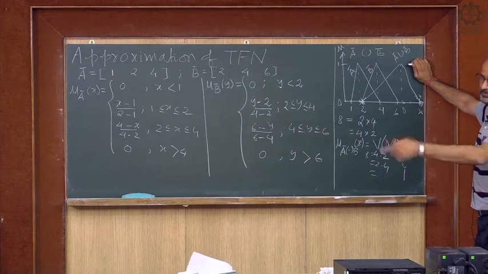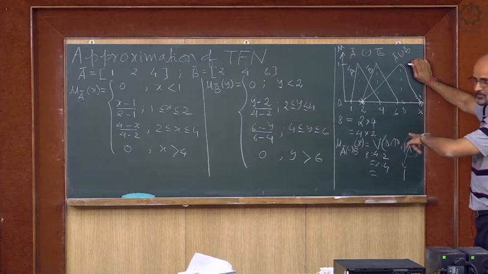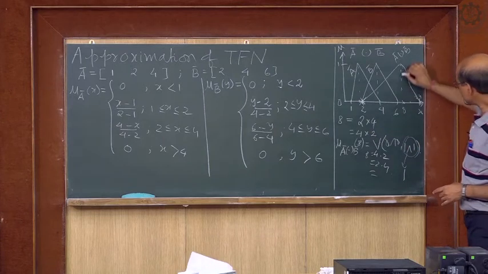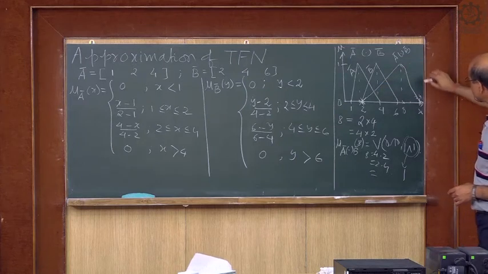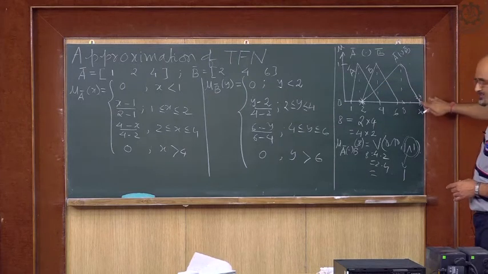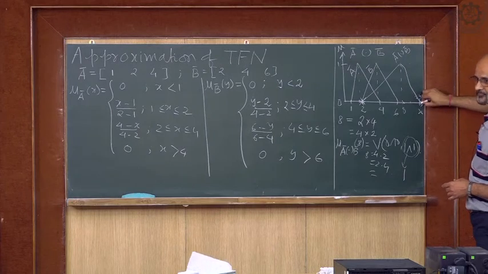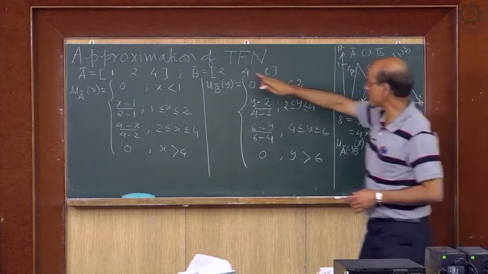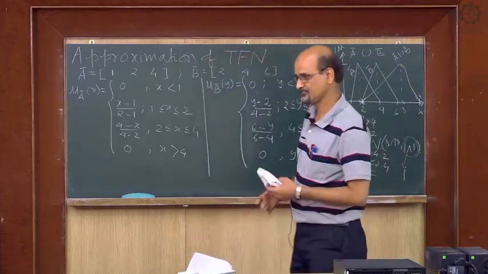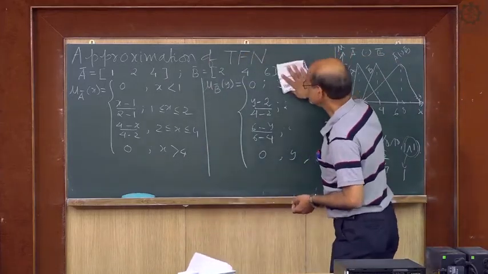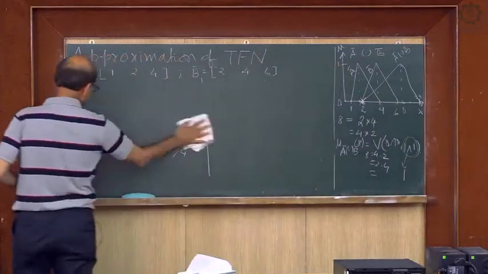That is a different fuzzy number, that I will do next, okay. So, here if you get 1 at 8, you will see that a into b will not be a fuzzy number due to this side, okay. That is why we approximate this TFN using alpha cut, okay.